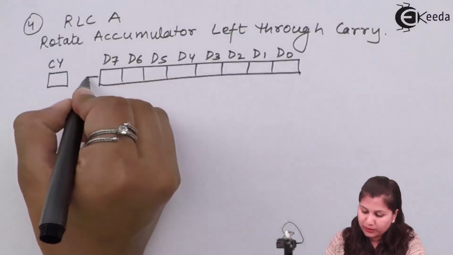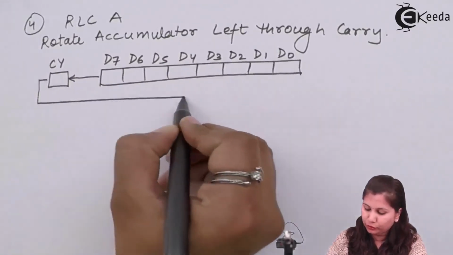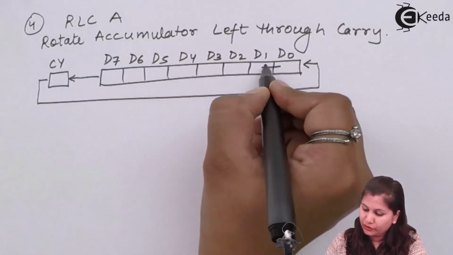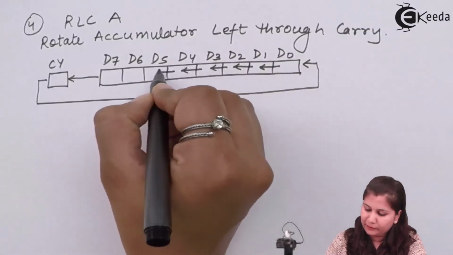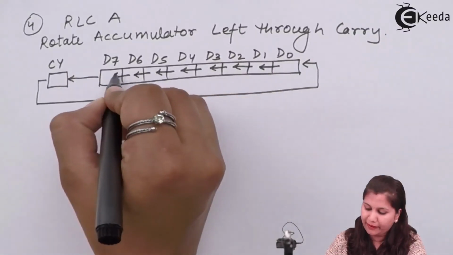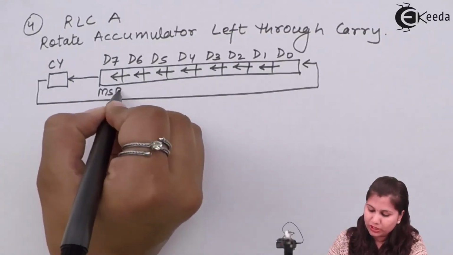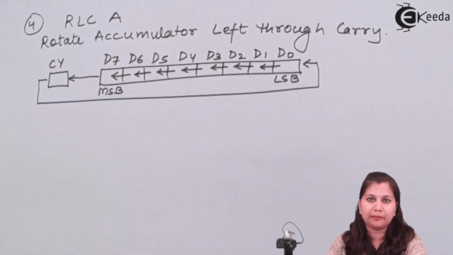So the most significant bit will go to the carry flag, and the carry flag will go to the least significant bit D0. D0 is shifted to D1, D1 to D2. In this way, every bit is shifted to the left hand side by one bit position, the MSB goes into the carry flag, and the carry flag goes into the least significant bit.